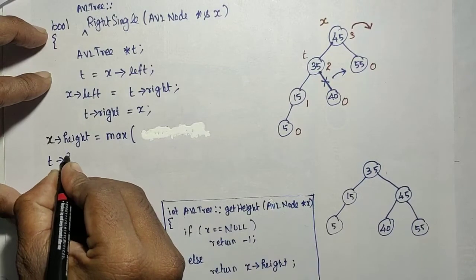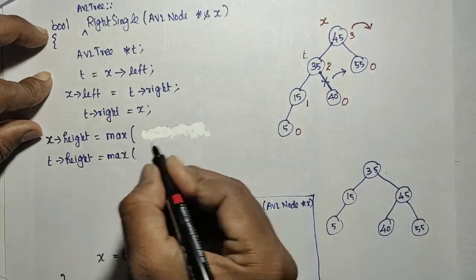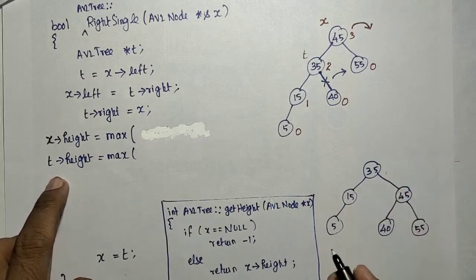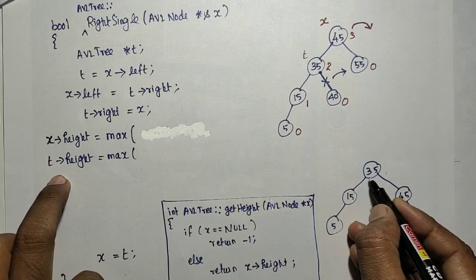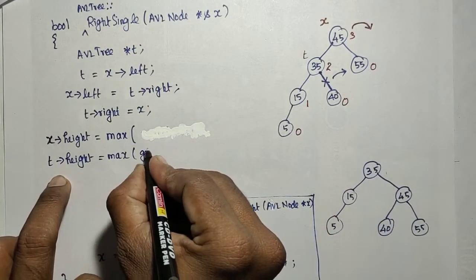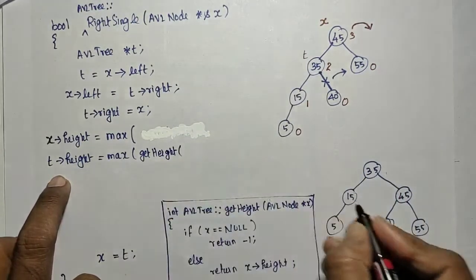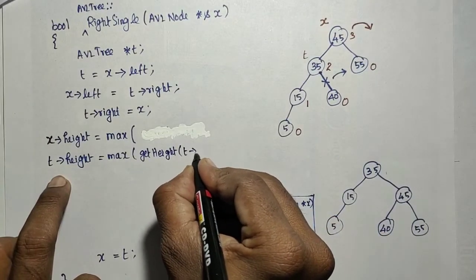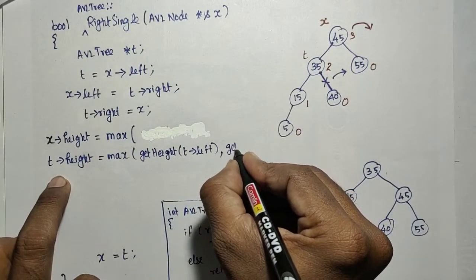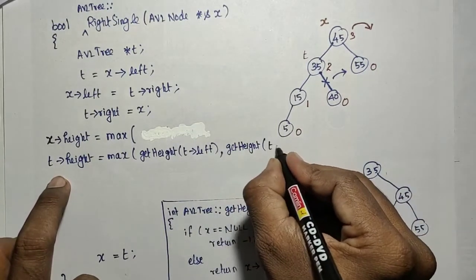After updating the x of height, T of height equal to the max between T of left height and T of right height. Left height means getHeight of T of left, comma, getHeight of T of right.